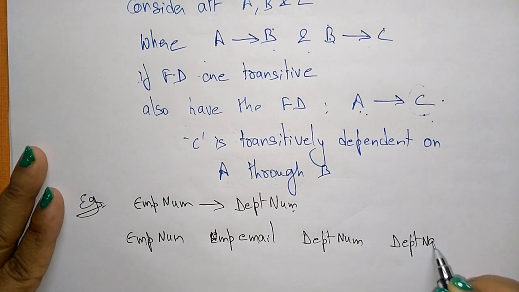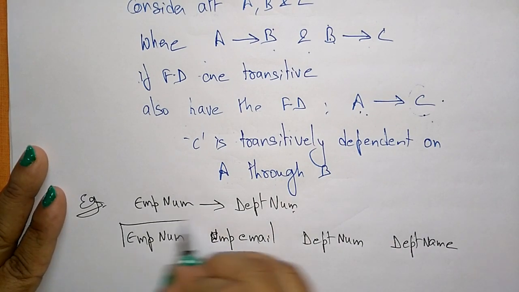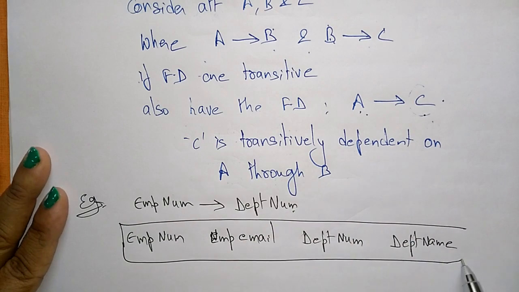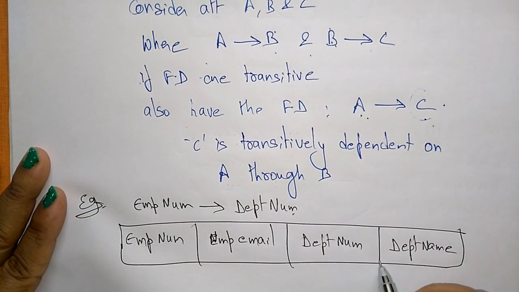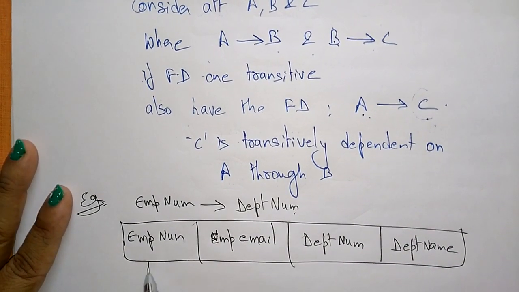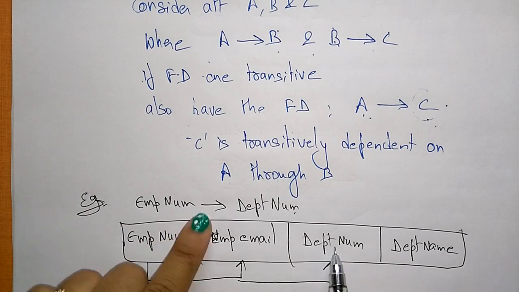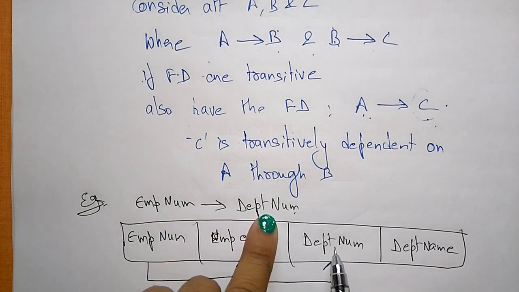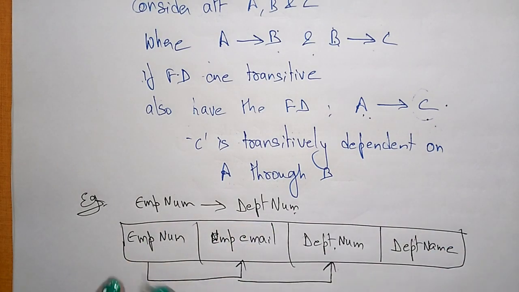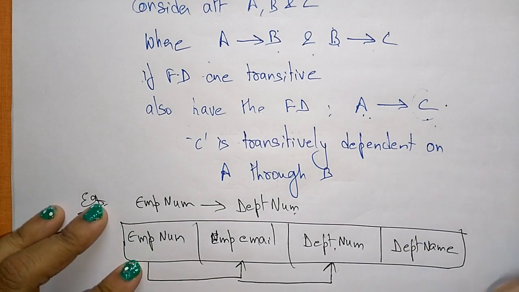These are the four attributes that are present in a relation, the employee relation. Here employee number determines employee email and also determines department number, because department number depends on employee number.